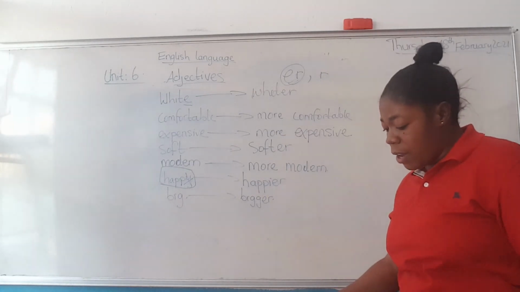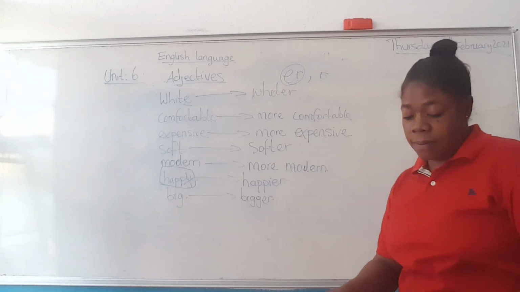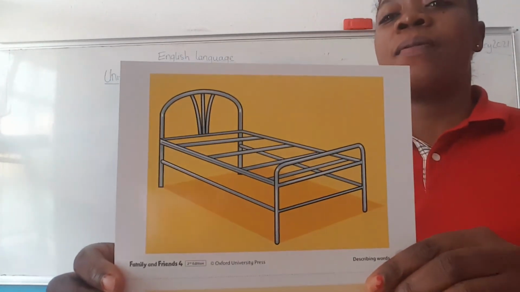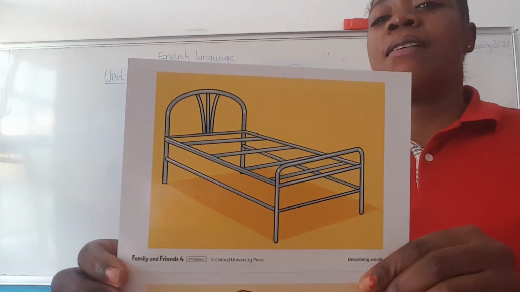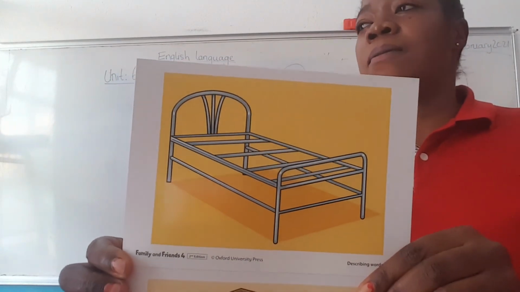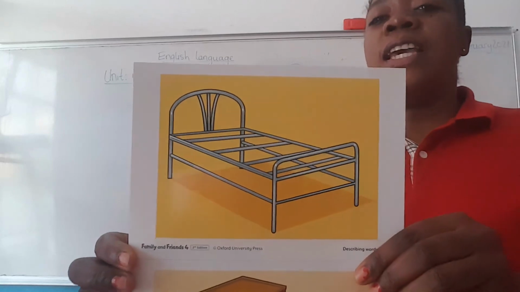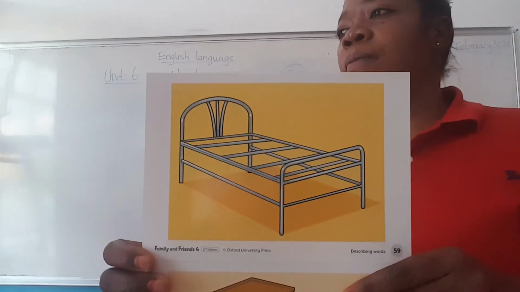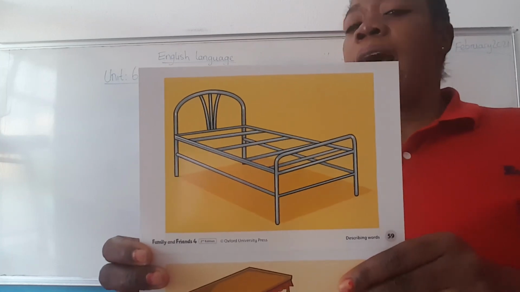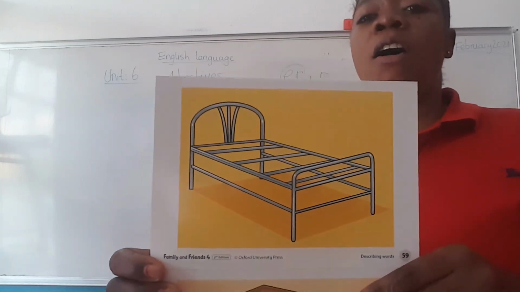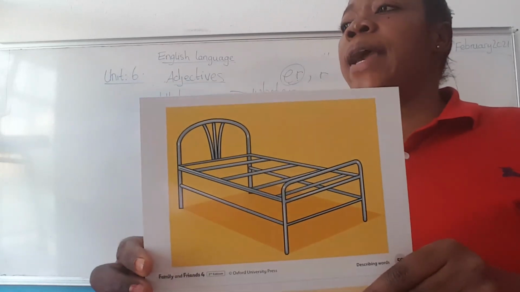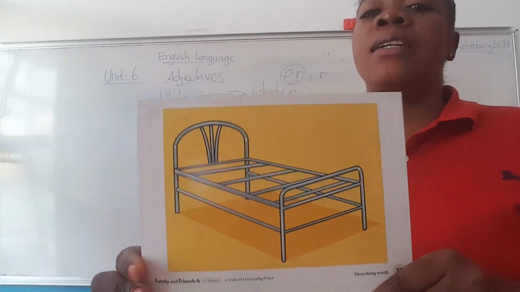Let's see another picture. What is this? This is a bed. What material is it made up of? At the beginning of the class, we saw all these pictures. This bed is made up of metal. Everybody say metal.